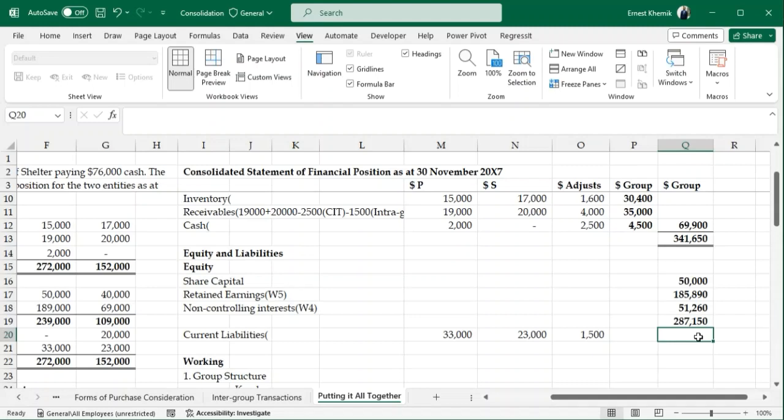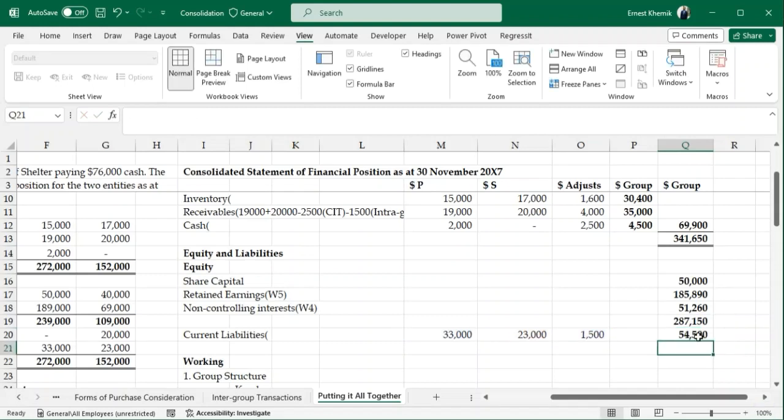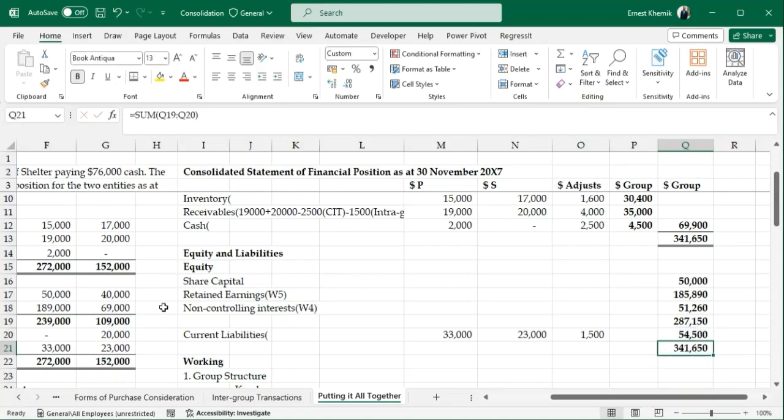Alright, so we'll have this plus this minus the intra-group transaction, and that is going to give me this. So I can add these two together, and that will give me the total. As you can see, it has perfectly balanced.